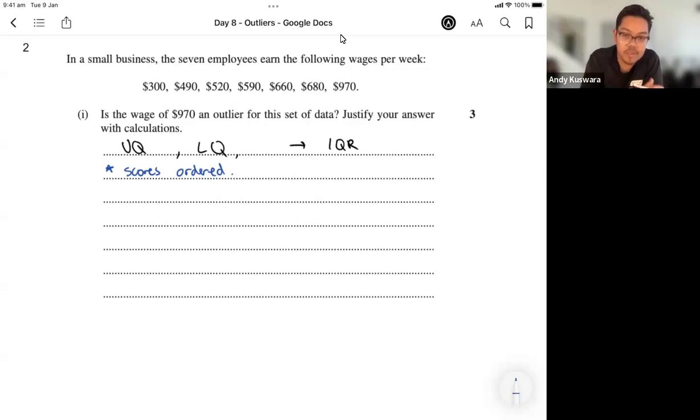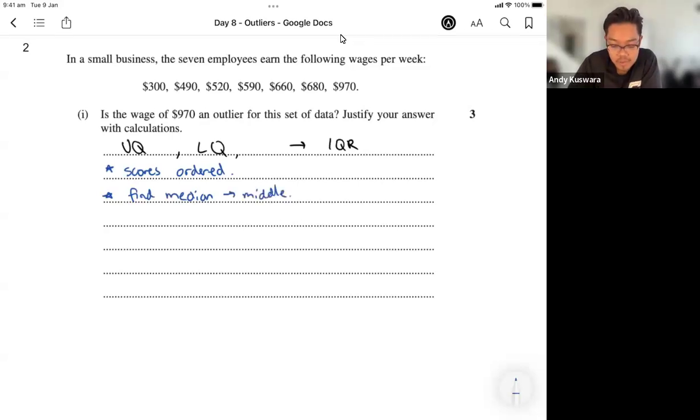That means the lowest number is 300, the highest number is 970, and all the other numbers are ordered from smallest to highest. Now, the first thing that we need to do before we can find the upper and the lower quartile is find the median. In case you've forgotten, that's your middle score.